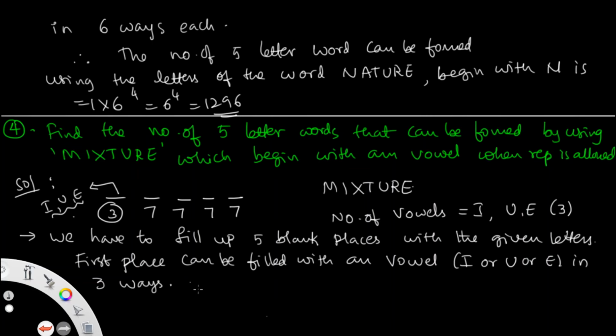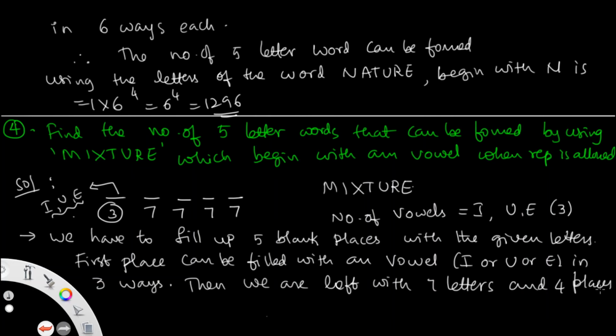Then we are left with 7 letters and 4 blank places. They can be filled in 7 to the power of 4 ways.